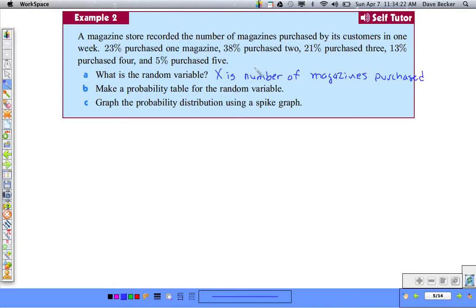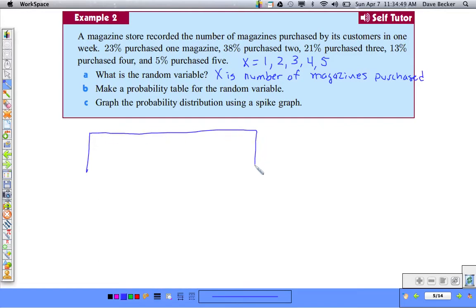And what are the possible numbers of magazines purchased? Based on this data, we're assuming that they've taken care of all of the customers in 1 week. In other words, every customer that walked in there purchased either 1 magazine, 2 magazines, 3 magazines, 4 magazines, or 5 magazines. Okay, and make a probability table for the random variable. Well, you just make a little table.